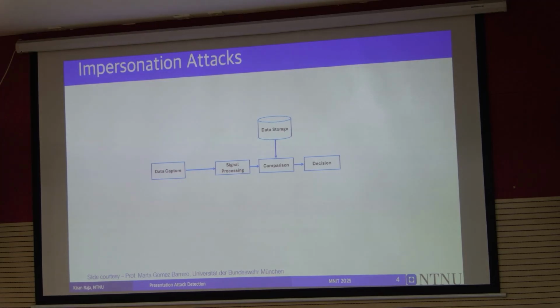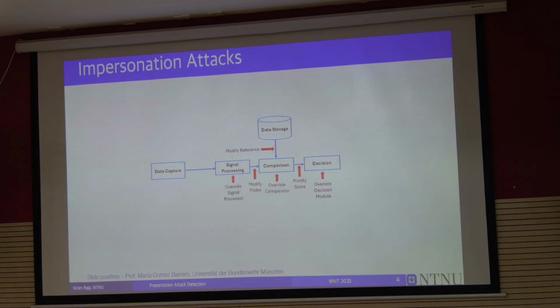Given this system, let's recap what kind of attacks we are talking about. Let's start with the data capture. The whole pipeline remains the same. I already told you that there are at least 3 different attacks I can think of: overriding the signal processor, overriding the comparator, and overriding the decision module.